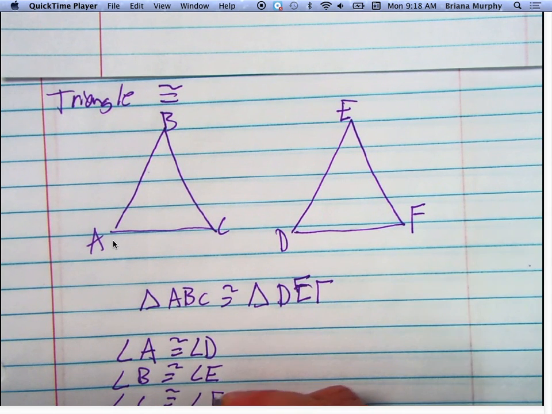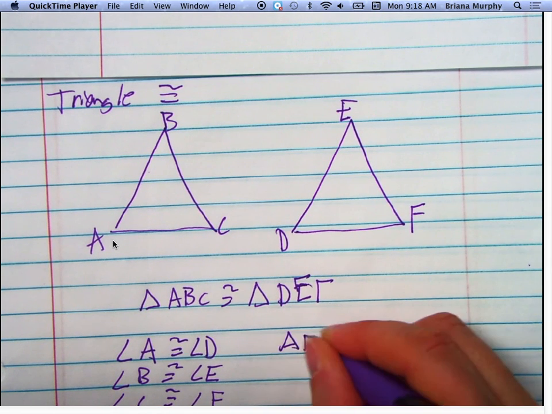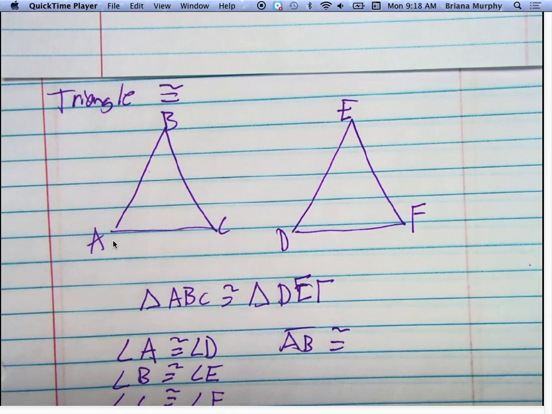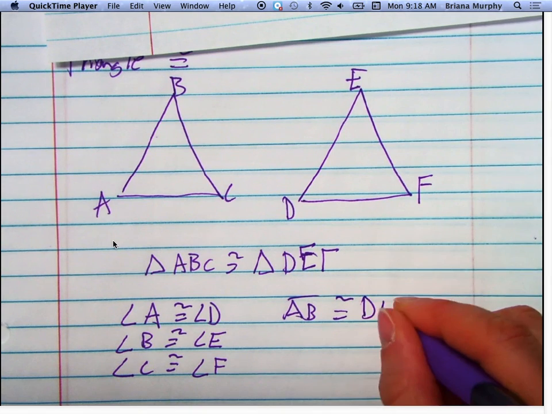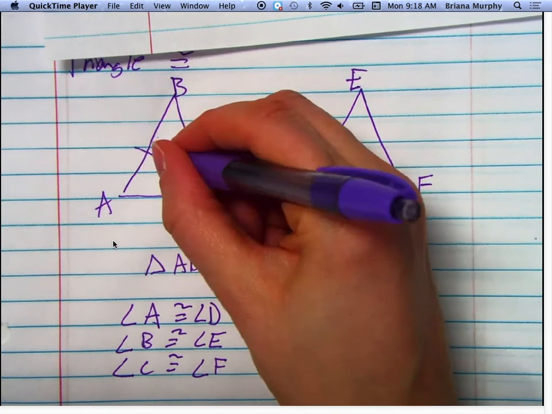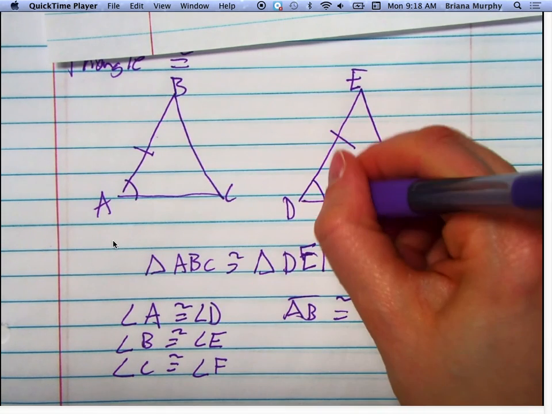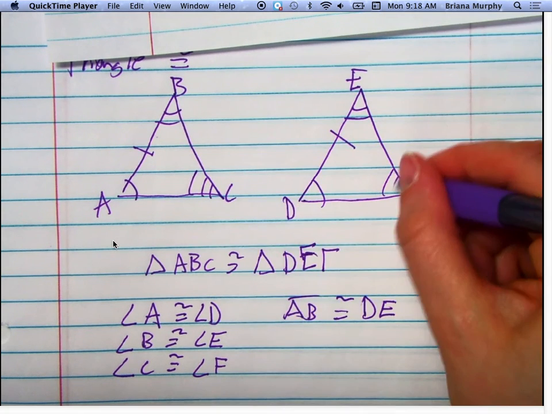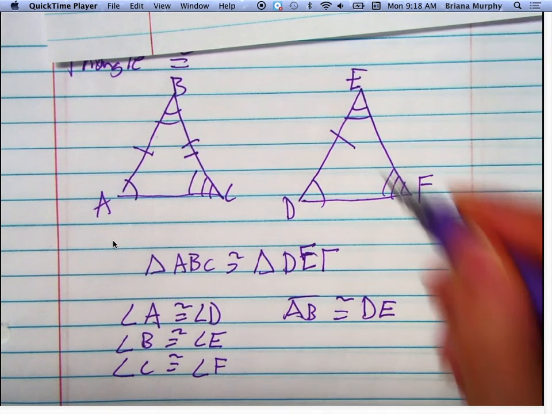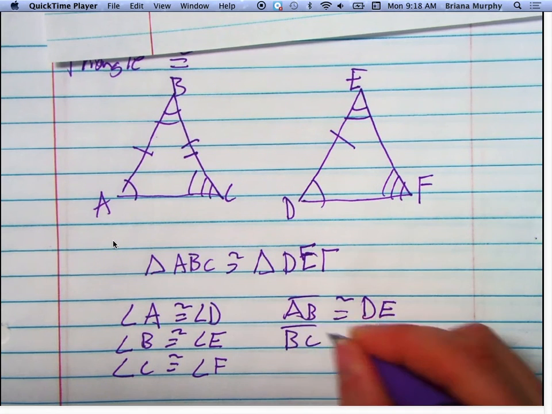Good. Okay, what is congruent to side AB? D. Going around, so we know these 2. We've got this. We've got this. We've got this. Now BC is congruent to what side, guys? Yeah.